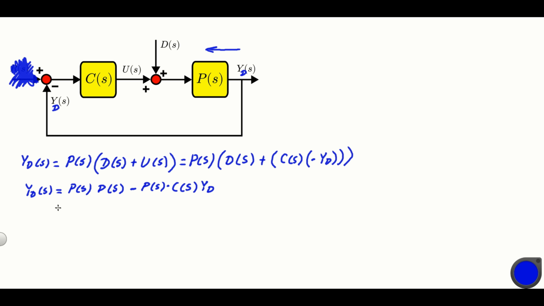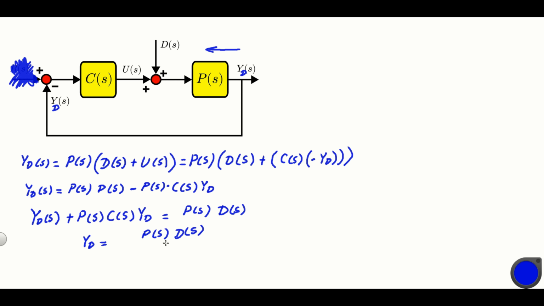And then, similarly to the previous case, we have y_d of s plus p of s, c of s, y_d is equal to p of s, d of s. And finally, from this equation, we have that y_d is equal to p of s, d of s, and in the denominator we have 1 plus p of s, c of s. And that's it. Simple as that.